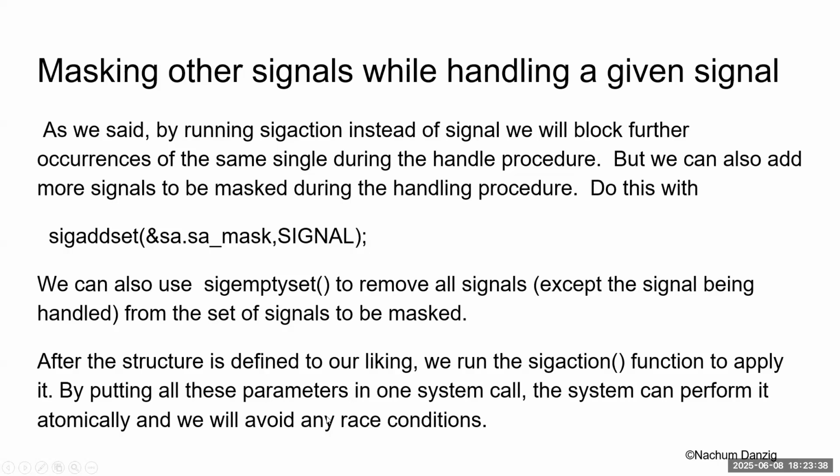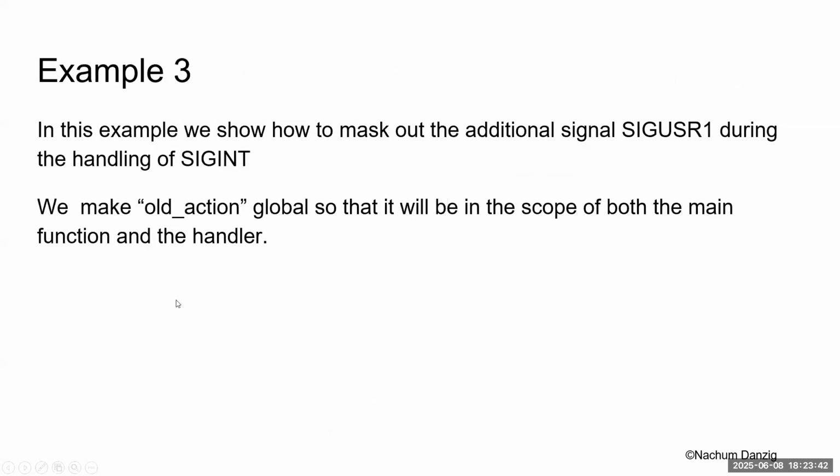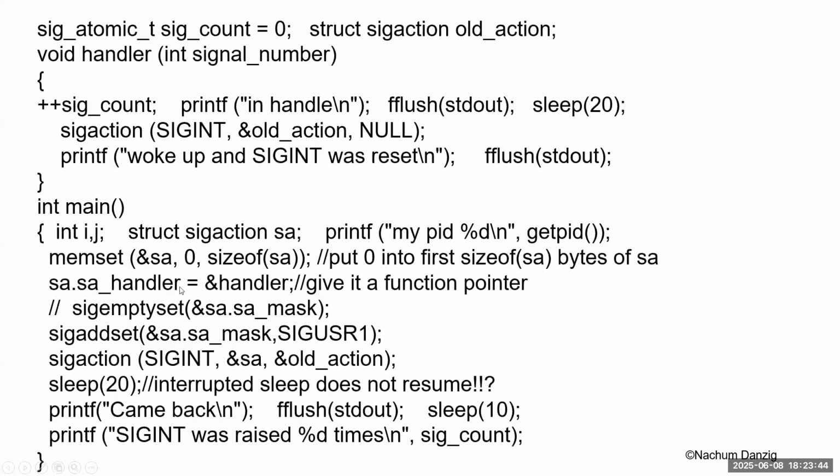By putting all these parameters in one system call, we can perform it atomically. So here's an example where, look what I do. Again, I have the old action. I use the old action here, just like we did before. But before I do a memset like I did before, I set the handler and I do one more thing. I sigaddset, this time not to the SA handler, but to the SA mask.